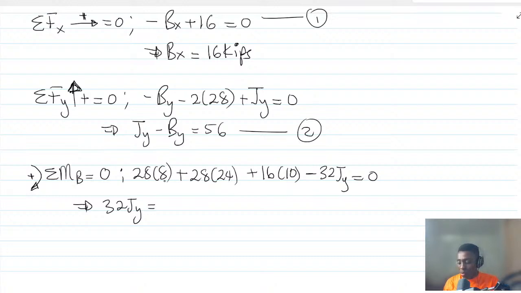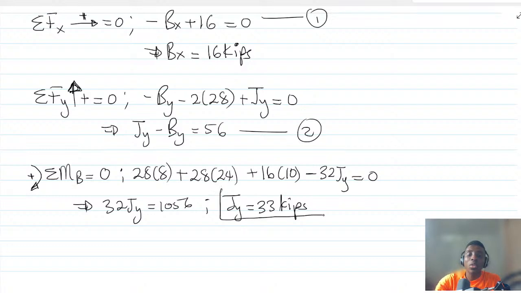That's going to be 1056. And then JY will be divided by 32. So JY is 33 kips. So that is JY.